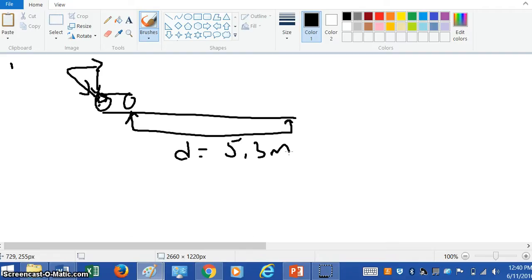So the horizontal force, we'll call that F horizontal, is let's say 100 newtons. And the downward force, that is the vertical force, F sub v, I'll call it, is measured to be, let's say, 35 newtons.